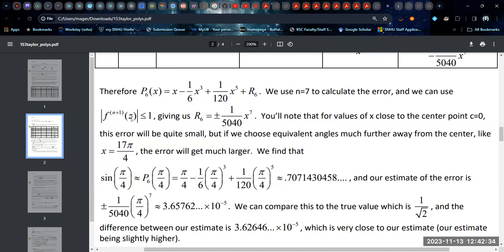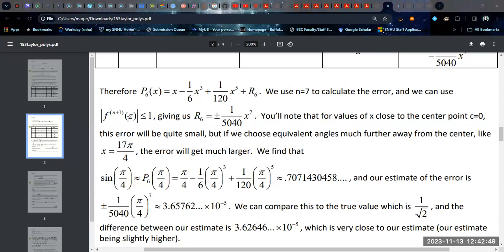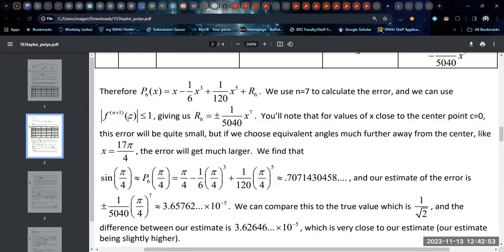And so often what we do is we pick a symmetric interval. So if we were estimating, for instance, the value at pi over 4, we might choose the interval negative pi over 4 to pi over 4, centered at 0, since that was where we did our Taylor polynomial approximation. And then you could calculate the error using that bound.